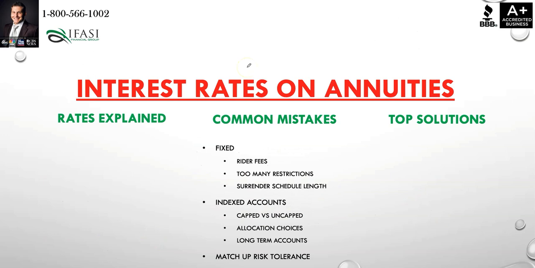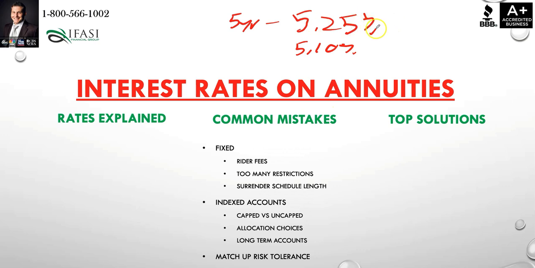So the common mistakes, and it's very important to understand how these common mistakes work. For fixed accounts, you might have one carrier that's giving a 5-year fixed annuity, as an example, and it's saying, hey, we're going to give you 5.25% rate of return. Second place might be 5.10% rate of return per year for the next 5 years.